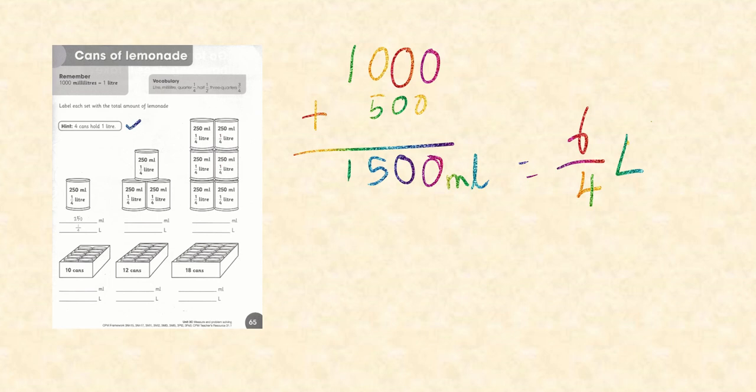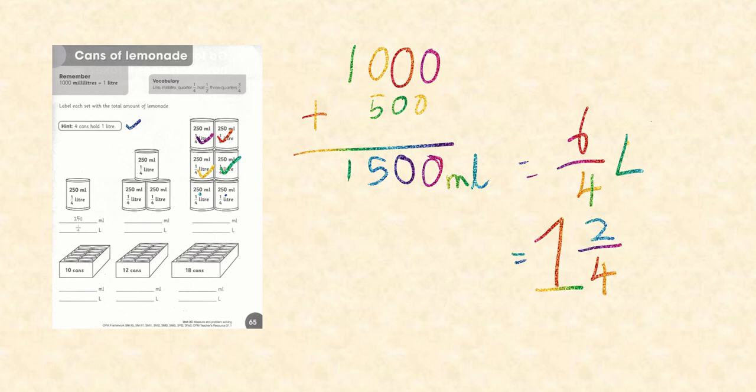It says 4 cans hold 1 liter. So 1, 2, 3, 4. 4 cans is actually 1 whole liter. Right or not? And we also have 2 cans over there. 2 cans, 2 quarters. I can even write like that.